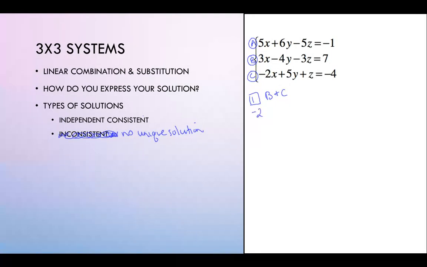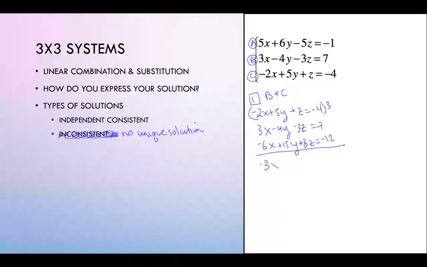So negative 2x plus 5y plus z equals negative 4. And 3x minus 4y minus 3z equals 7. And I'm going to multiply this through by 3. So it'll give me negative 6x plus 15y plus 3z equals negative 12. 3 minus 6 is going to give me negative 3x.